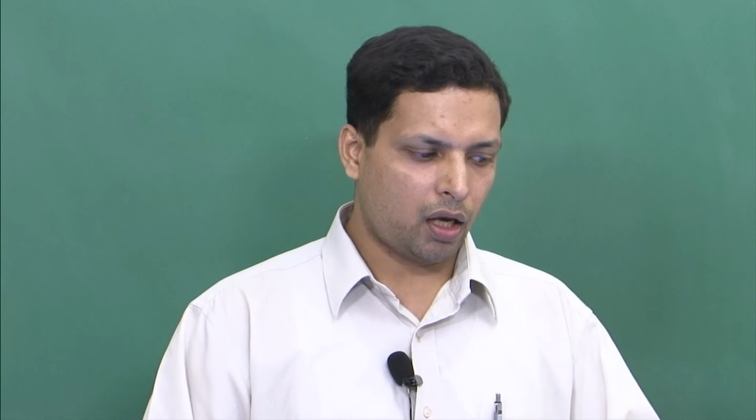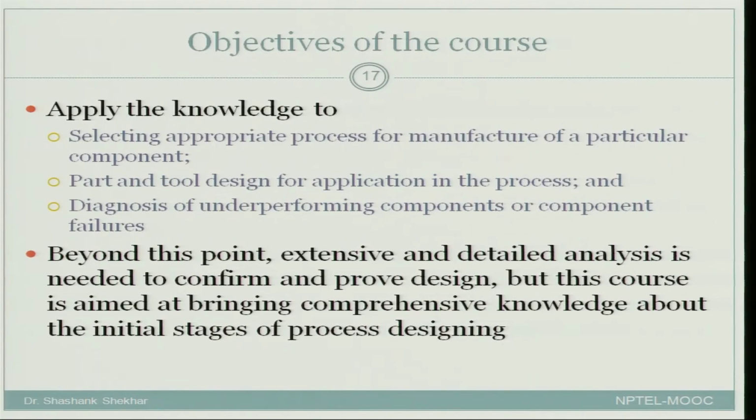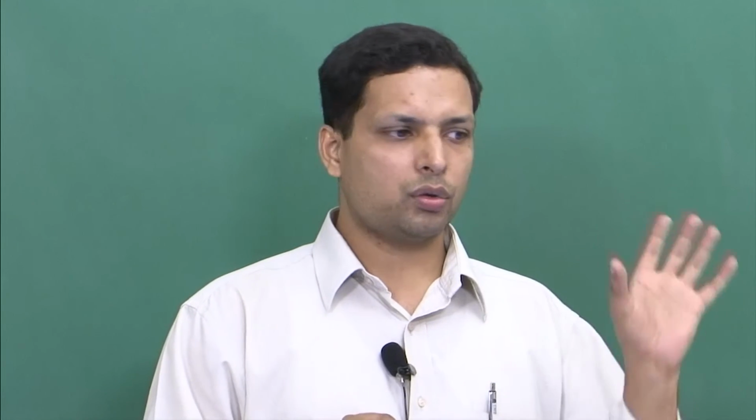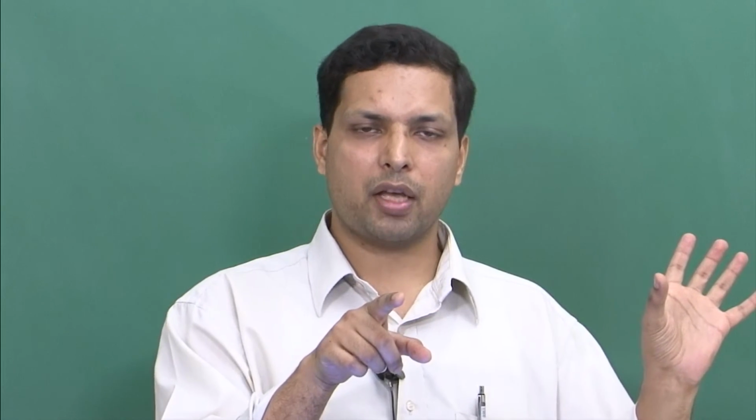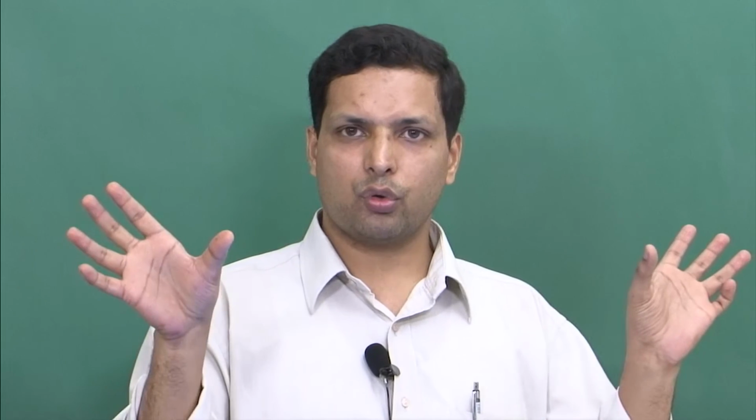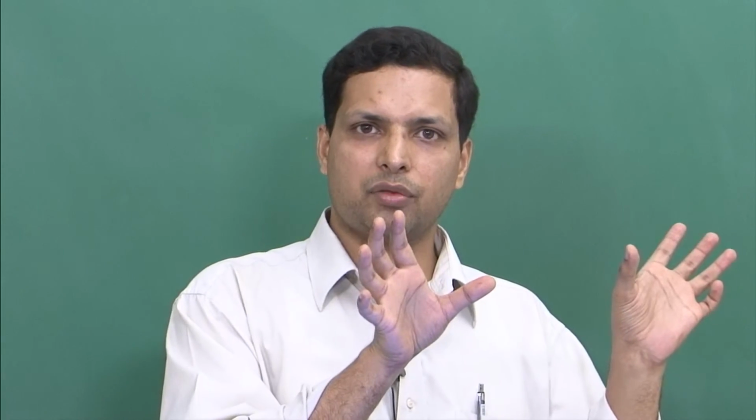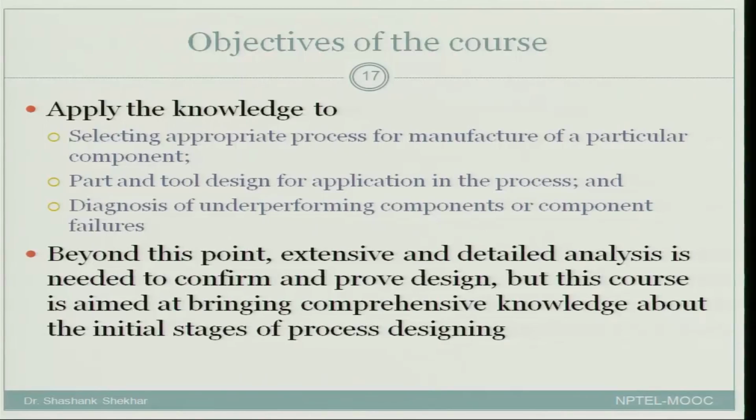So there are three things: process, microstructure, and properties. Is this process giving you the desired microstructure? Is this microstructure giving you the desired property? You have to find which link is missing, and that again we would be able to understand and appreciate if you understand this course. So that is another objective, to be able to diagnose the reasons for underperformance of components or component failures.